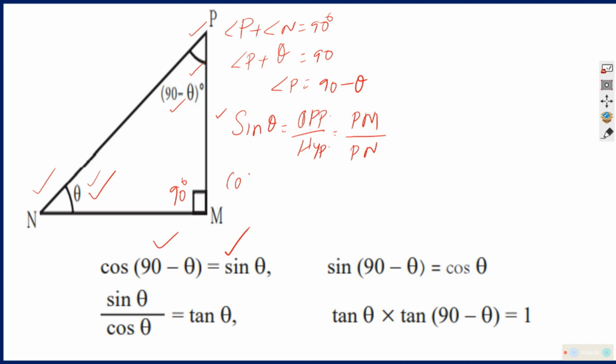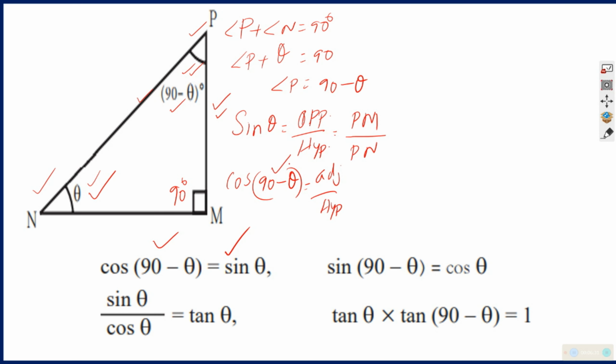Suppose we are taking cos 90 minus theta. Cos theta is adjacent side upon hypotenuse. So cos of 90 minus theta means this is the adjacent side, this is the hypotenuse. That means adjacent side upon hypotenuse.